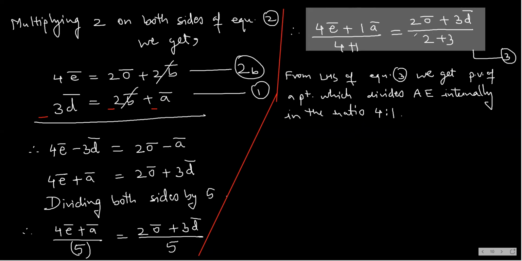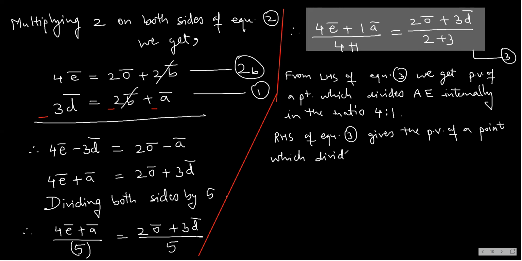Okay, and look at the RHS. RHS is also in the same internal section formula form. So RHS of equation 3 gives the position vector of a point which divides segment OD.